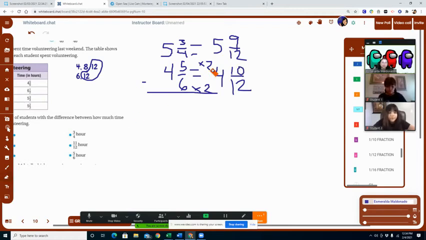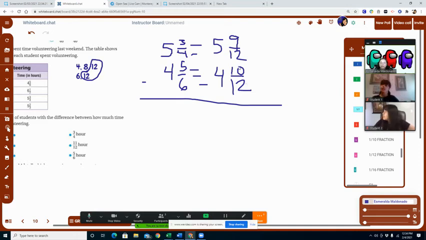Let me erase these numbers so that it doesn't look too busy. So I'm subtracting this, right? 9/12 minus 10/12. I cannot switch the numbers, right? At this point, I can no longer switch them. Can I take away 10 from 9?